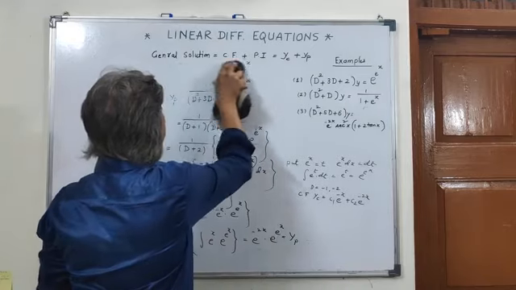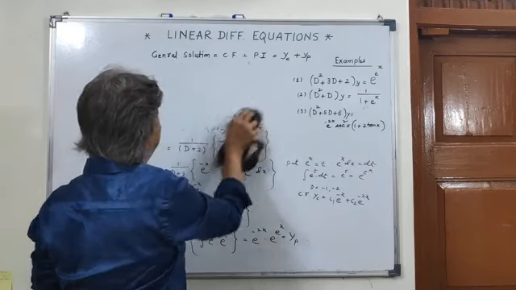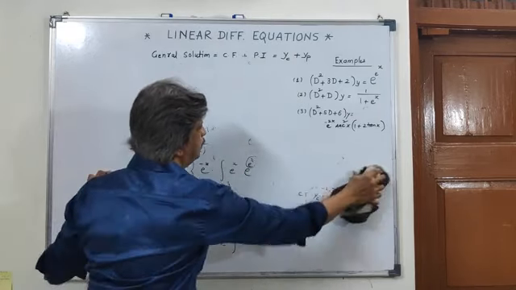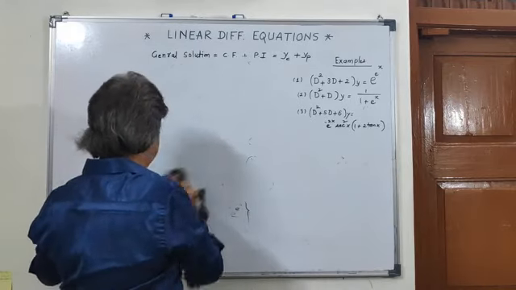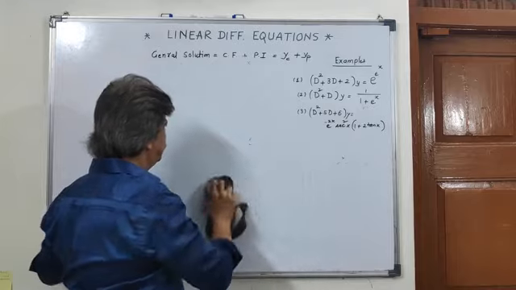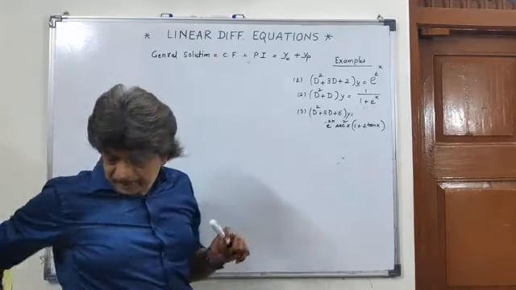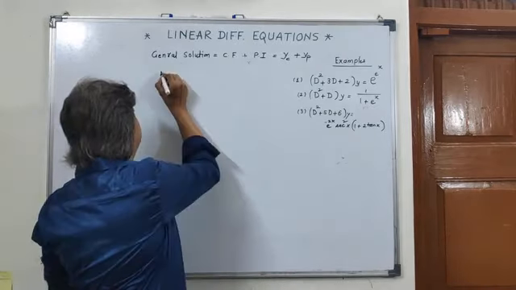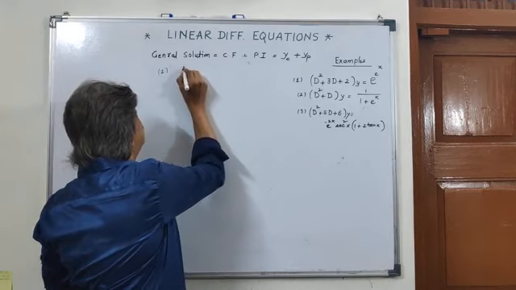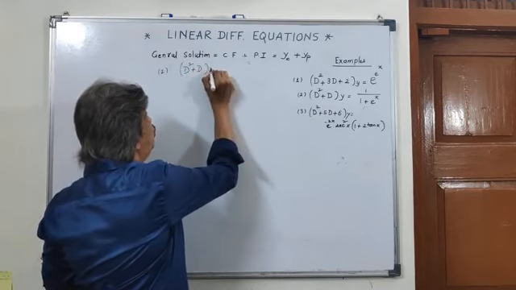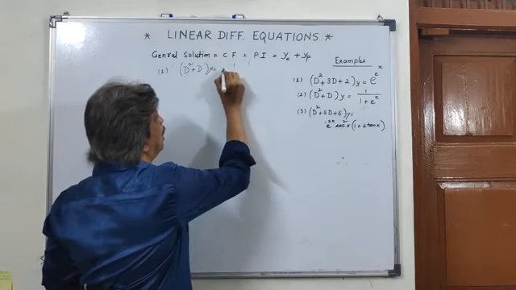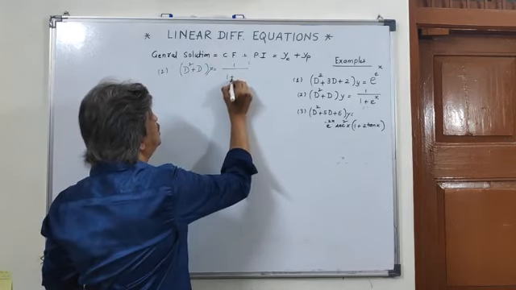Now I would be calculating the second one. Second example is d square plus d times y, where f of d into y is equal to 1 upon 1 plus e power x.